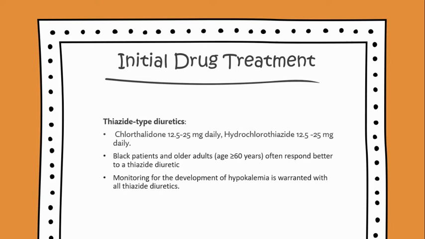Chlorthalidone, 12.5 to 25 milligrams taken daily, or hydrochlorothiazide, 12.5 to 25 milligrams daily. Black patients and older adults, typically greater than or equal to 60 years, often respond better to a thiazide diuretic. Monitoring for the development of hypokalemia is warranted with all thiazide diuretics.